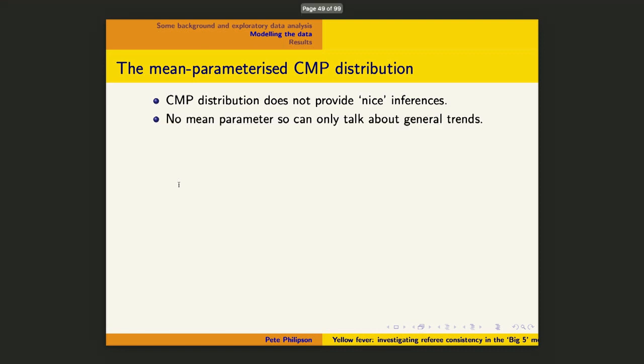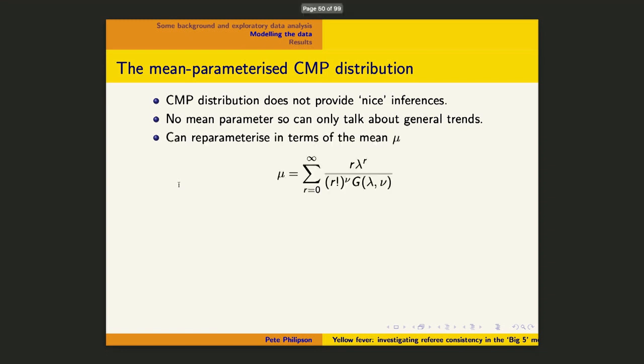The problem is, though, the CMP distribution does not provide nice inferences, so it's a rate parameter lambda, so all I could say is that something increases the rate or decreases the rate, and I can't quantify it in the usual type of way, which is a bit unappealing. What we can do instead is reparameterize it in terms of the mean mu, so we can define a new parameter mu, which essentially is this infinite sum.